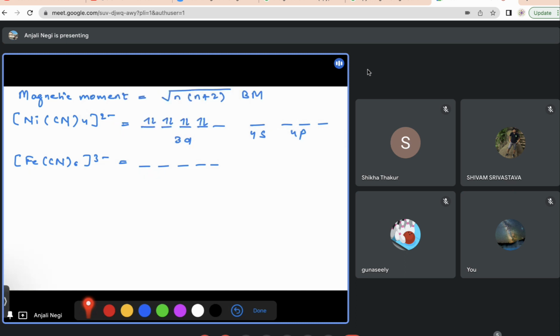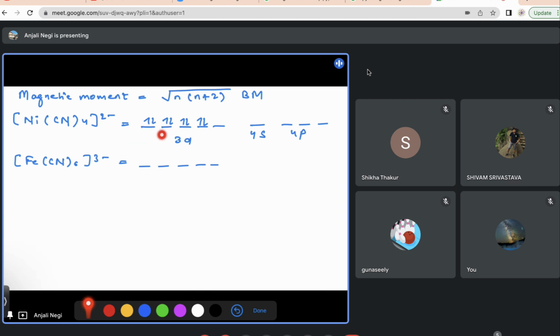So the magnetic moment for the given complexes: for complex number 1, that is my nickel cyanide. This is a tetrahedral complex, as you can see, and you will find out that the electronic configuration is 3d8 here, 1 2 3 4 5 6 7 8, and since my cyanide is a strong field ligand, it does the pairing of the electrons of the nickel.